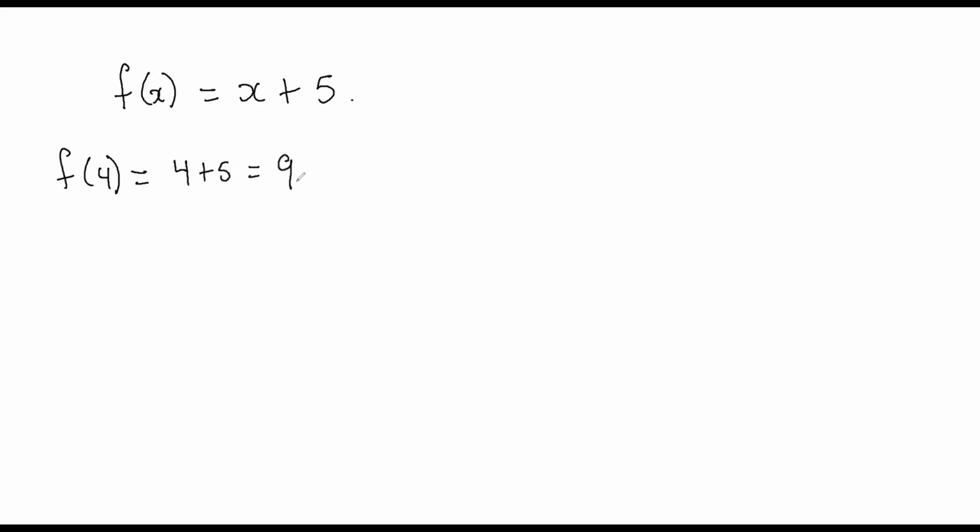So we know that 4 maps to 9. If I had done f of 3, what would you have done? 3 plus 5, which is 8. So you know that 3 goes to 8.